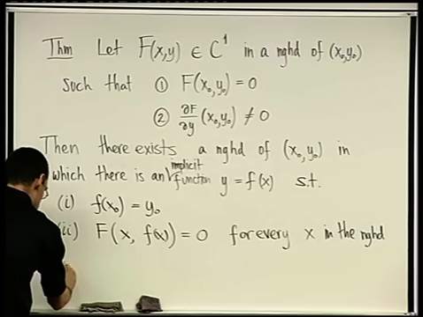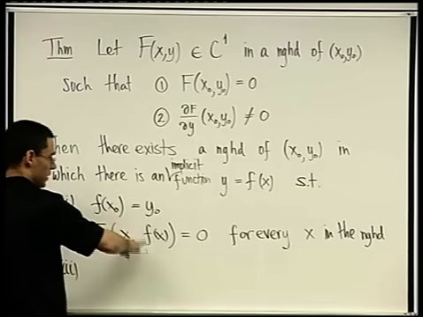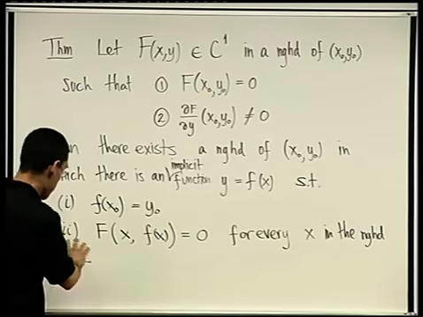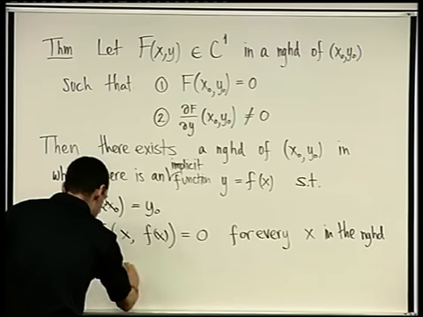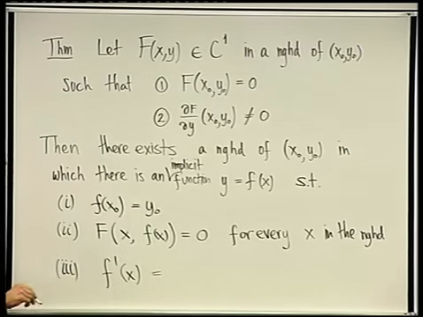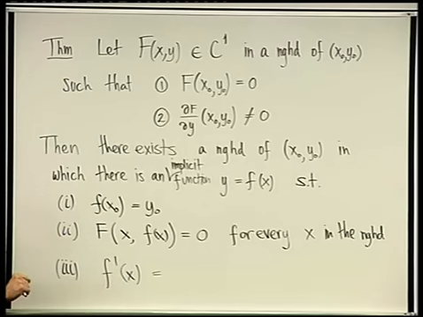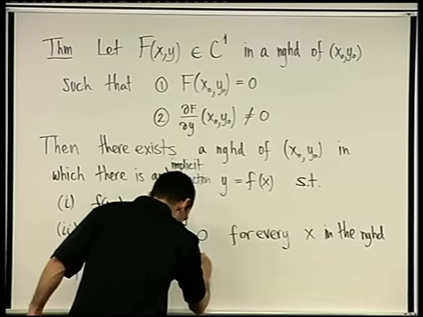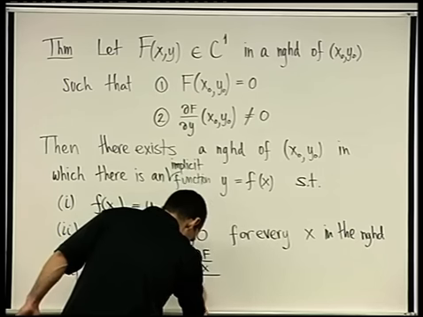and the third condition, this we haven't discussed yet in our examples. We only discussed the existence of y as a function of x, implicitly or explicitly. But the third part is also very useful. There is a formula for calculating the derivative of f, although we don't have a formula for f, but we know how to calculate its derivative. And the way to calculate the derivative is minus, take the partial derivative of f with respect to x divided by the partial derivative of f with respect to y.